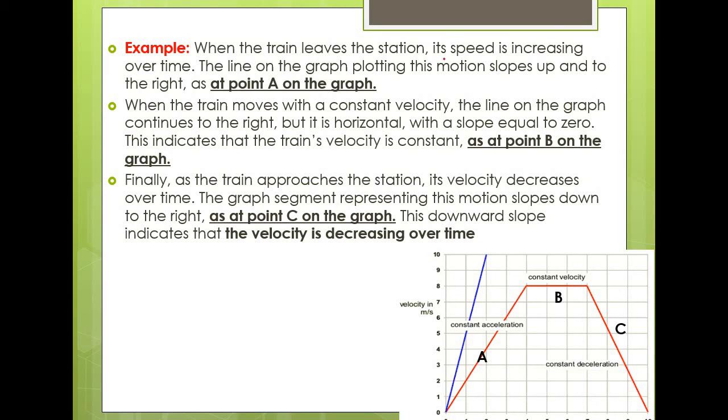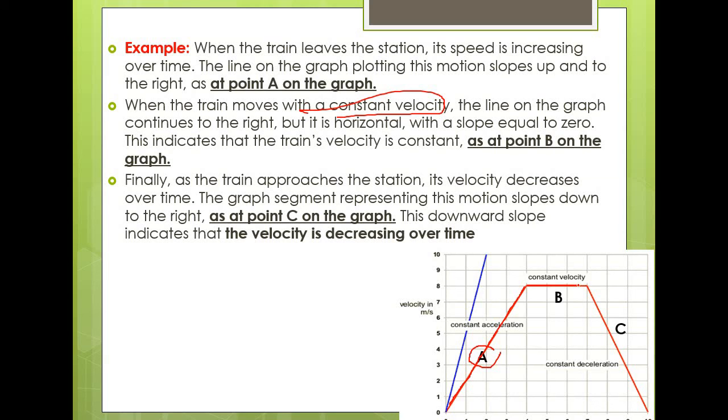For example, when the train leaves the station, its speed is increasing over time, like point A. When the train moves with a constant velocity for a long trip, the line on the graph continues to the right, but it is horizontal with a slope equal to 0.